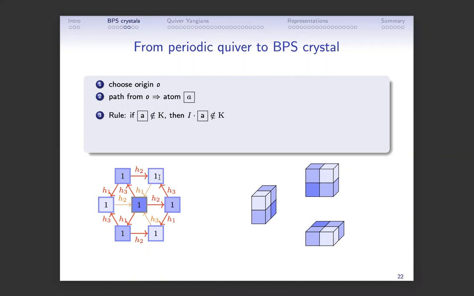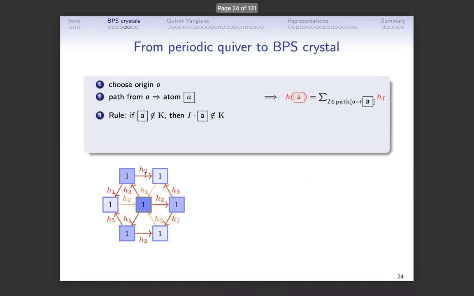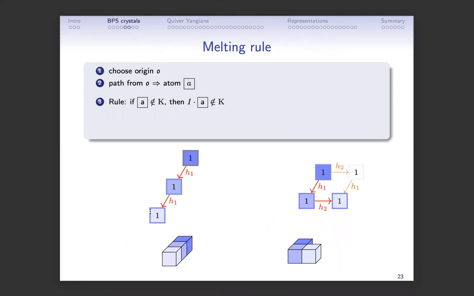Equivalently, you can reach this atom by taking these 2 different paths. This is an example of the melting rule. For this atom, there's only one precursor, and it already exists in your crystal, so you can add this atom here. But this one has 3 precursors, and only one of them is present in the crystal, so you cannot add this one.